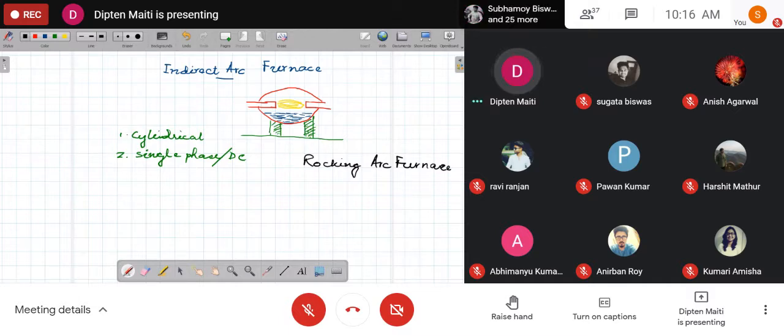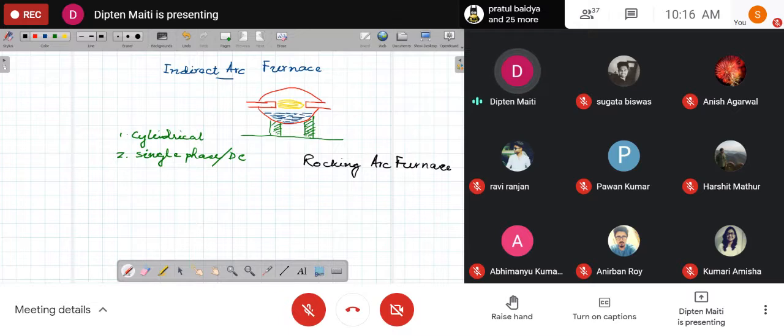Now, to give you some idea, the tilting or the rocking needs to be very big. For the direct arc furnace we do need tilting, however that is always for a special purpose, not mandatory for the normal operation of the direct arc furnace.